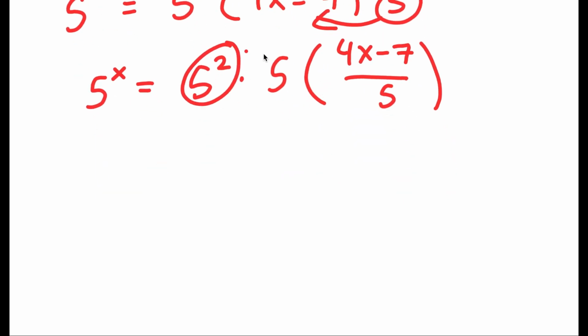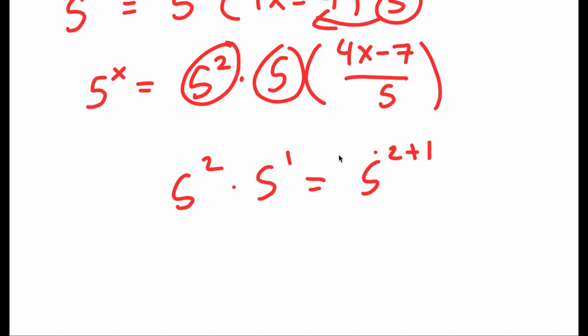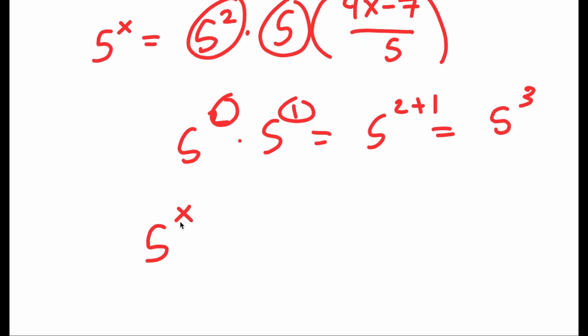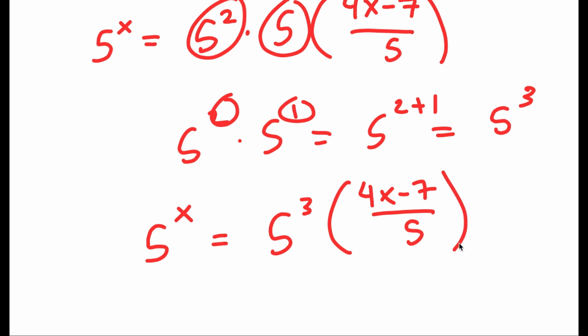And 5 squared times 5 to the power of 1 is equal to 5 to the power of 2 plus 1, because these two add up, which is equal to 5 to the power of 3. So I get 5 to the power of x is equal to 5 to the power of 3 times 4x minus 7 over 5.